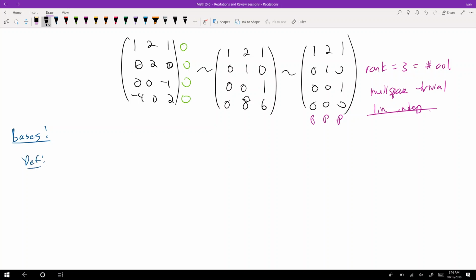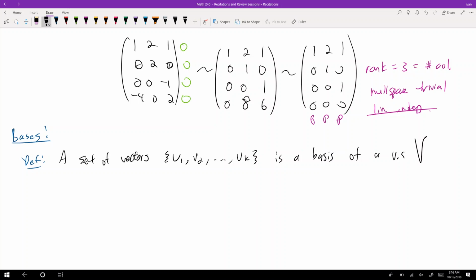A set of vectors v1, v2, dots, vk is a basis of a vector space big V if the following conditions are satisfied.